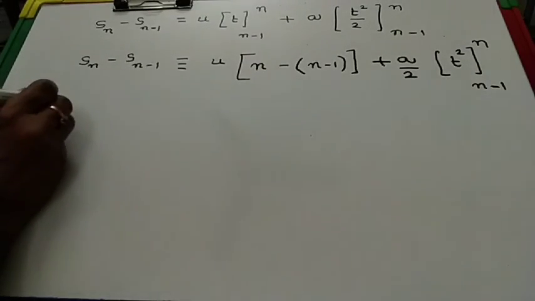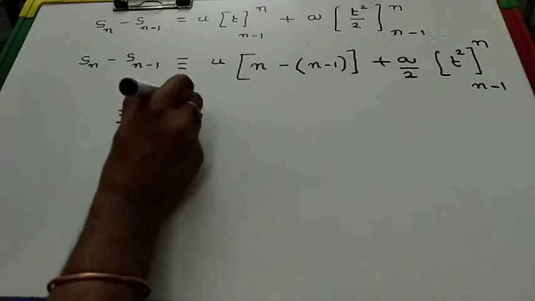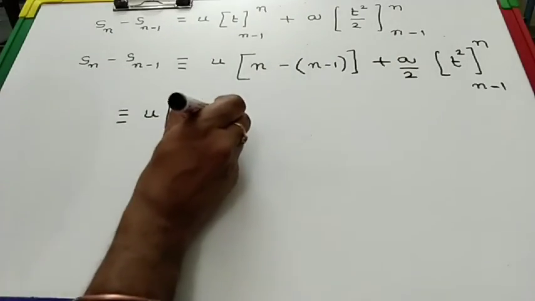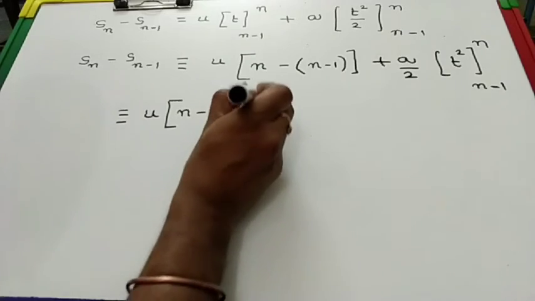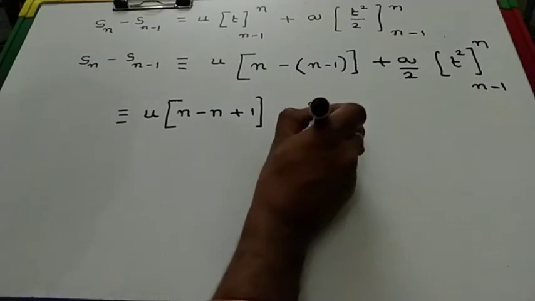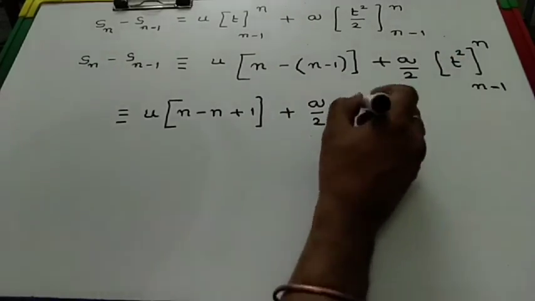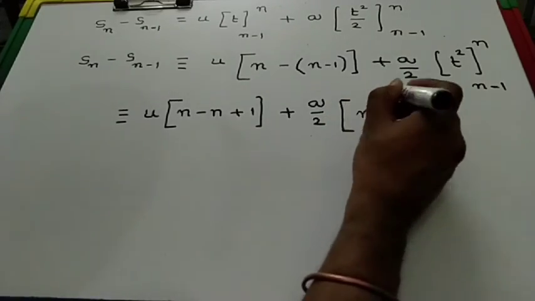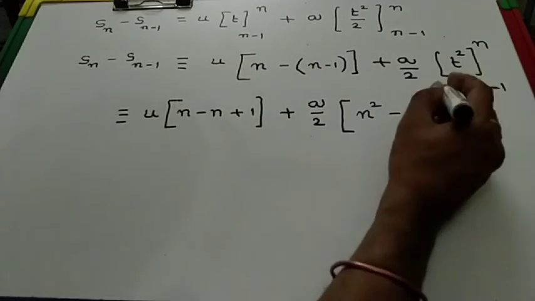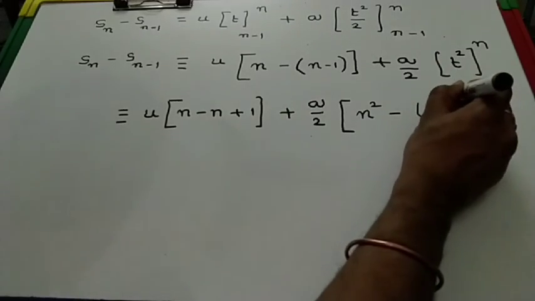Now that is equal to u into n minus n plus 1, plus a by 2 into n square minus, in the place of t substitute n minus 1, whole square.